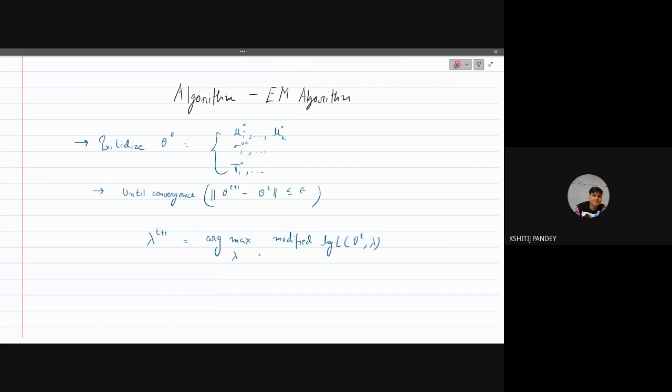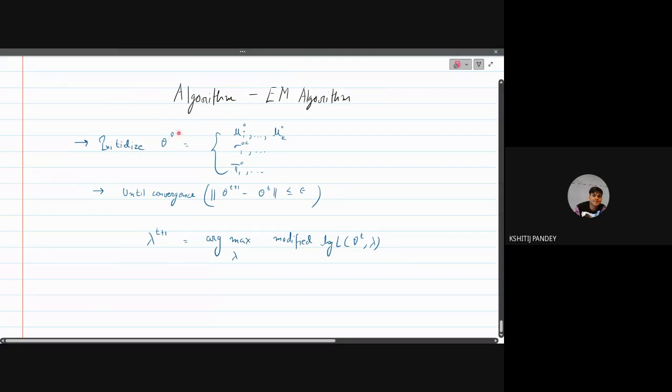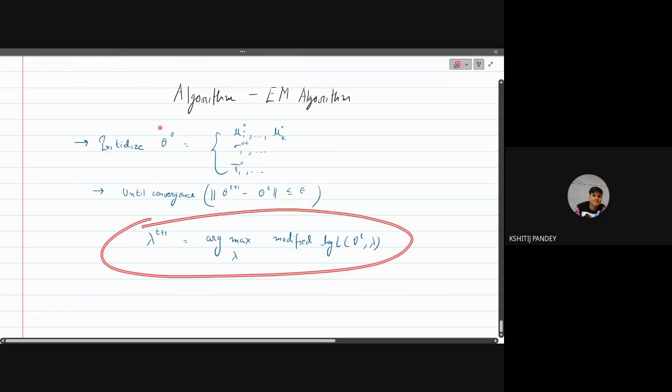And once we find the value of lambda, as we randomly chose the value of theta before, we now fix this lambda and find the value of theta.